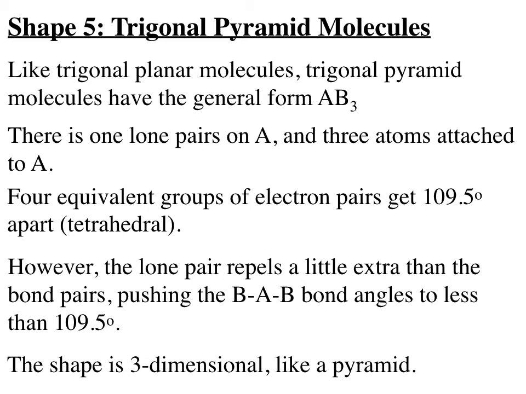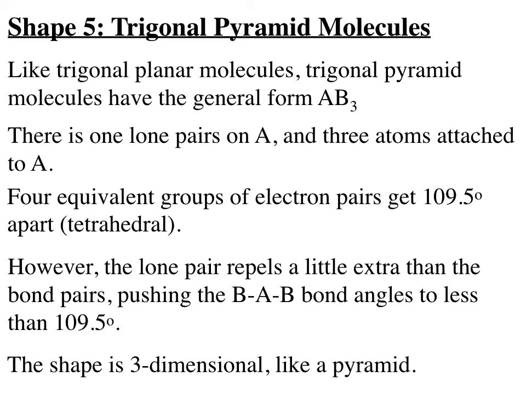A trigonal pyramid molecule has formula AB3, just like a trigonal planar molecule. Now notice there's a slight differentiation in the statement of the name: trigonal planar, trigonal pyramid. If I say those two names, you need to be able to differentiate the meaning between them. Now they actually both are AB3.